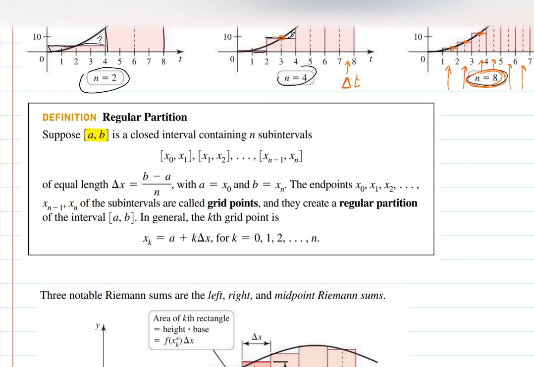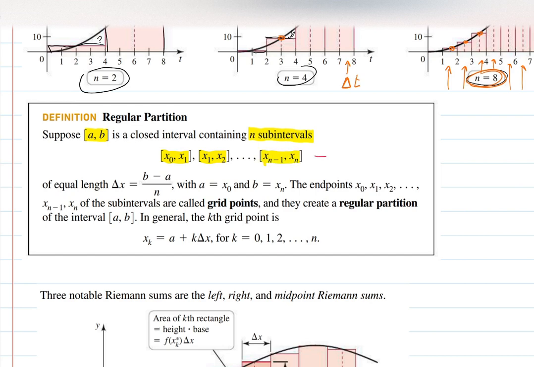It's a closed interval, and it contains n subintervals. Subintervals are those little divisions. I told you we want them all to be the same. And we're going to call them the interval from x0 to x1, from x1 to x2, from x2 to x3, and so on till x(n-1) and xn.